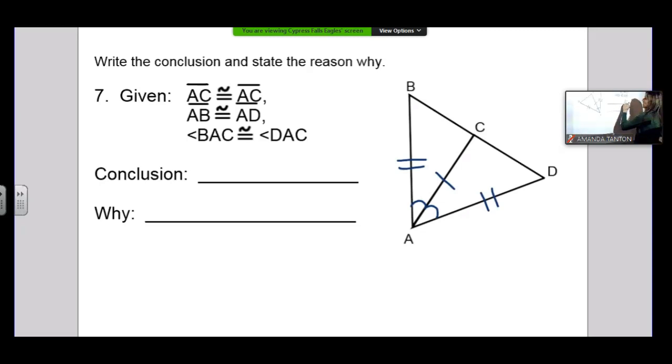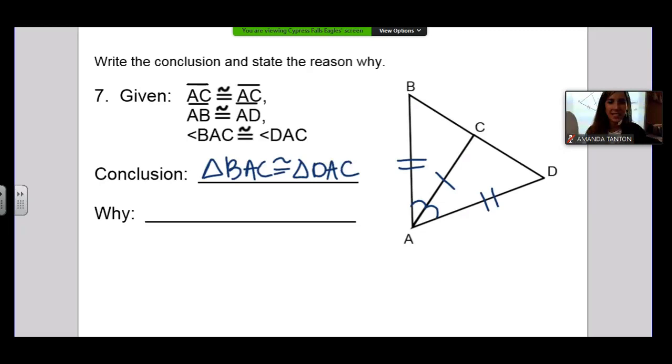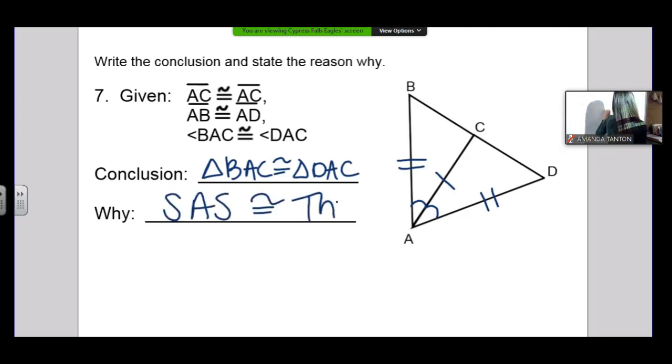We can conclude the entire triangles are congruent. We have enough information to say that the triangles are congruent. And what's the reason? Side angle side. Side angle side theorem. Technically, it's the side angle side congruence theorem, but I'm not going to count off if you just put side angle side, okay? But it is called the side angle side congruence theorem, if you were wondering.